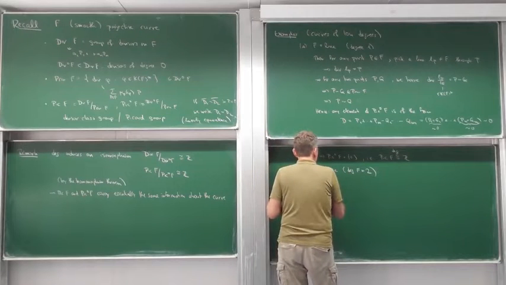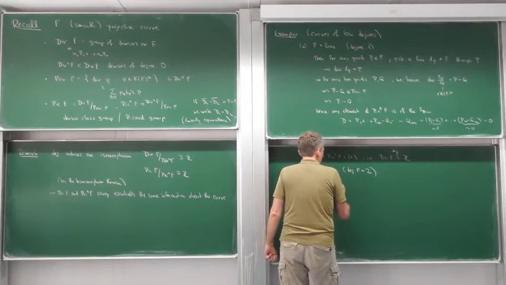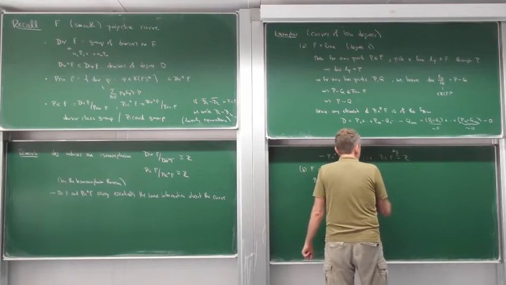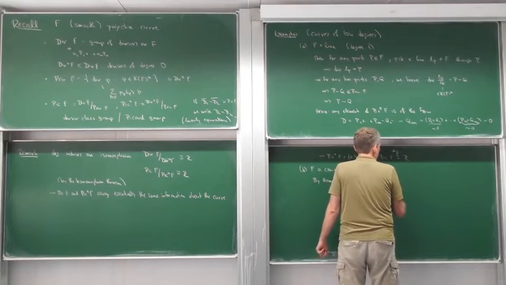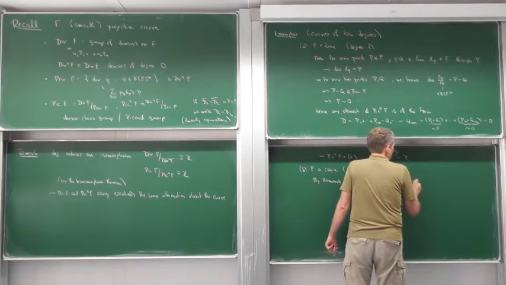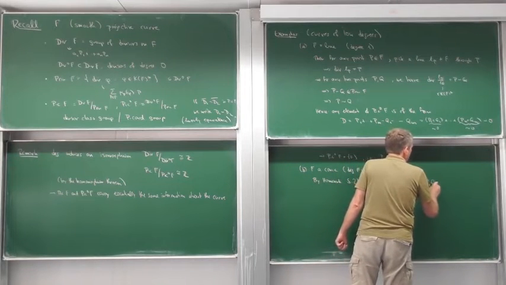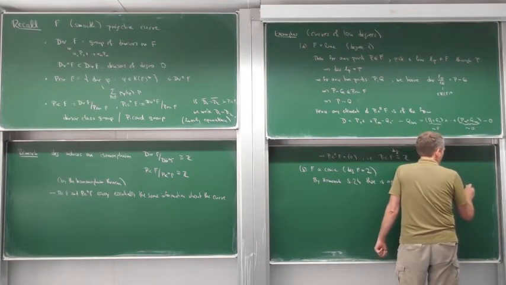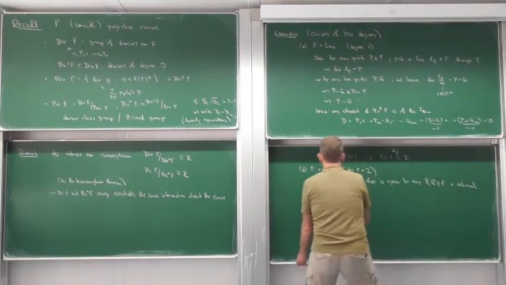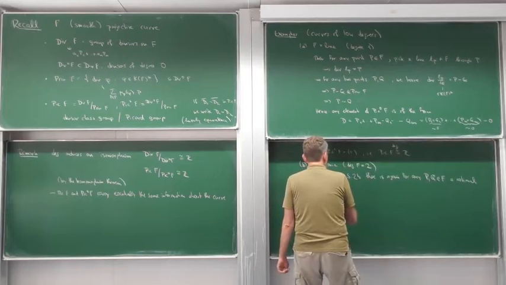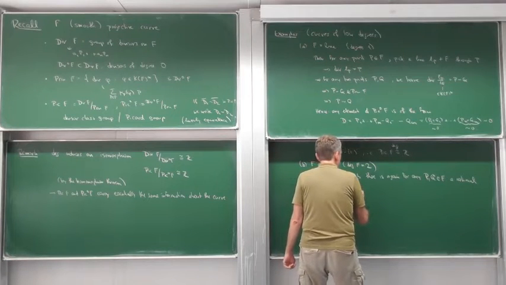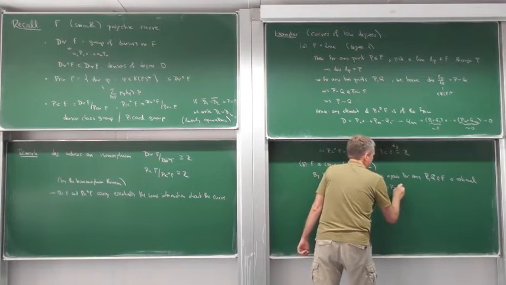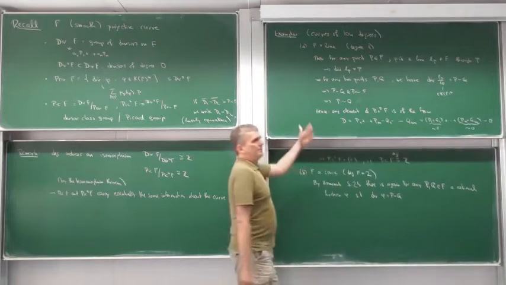So by homework 5.2b, there is again, for any 2 points P and Q on F, a rational function whose divisor is P minus Q. So the same argument as above holds, right?